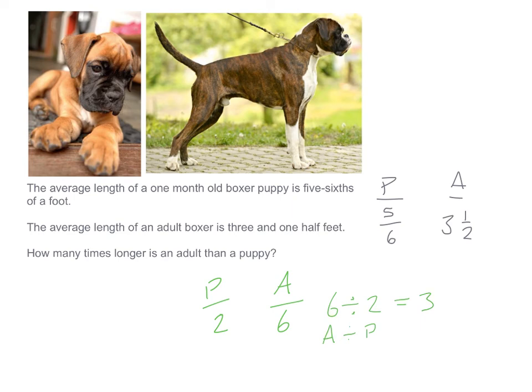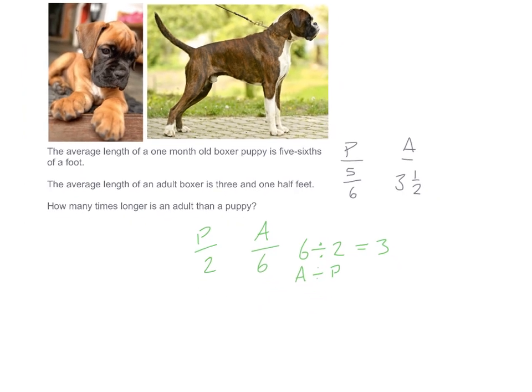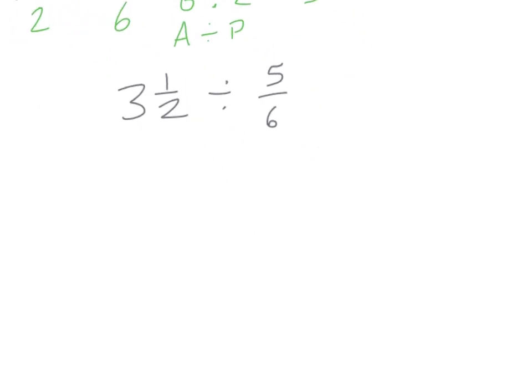So while we're not using 6 and 2, the method is still the same. So let's take the adult length of 3 1/2, and we're going to divide it by the puppy length of 5/6. So let's work that out. Got to keep, change, flip, right? But before we even do that, we have to change this mixed number into an improper.